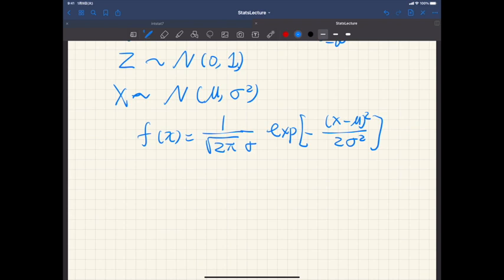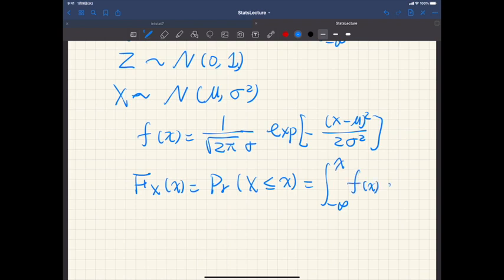And its cumulative distribution function, F of x, is by definition the probability that this random variable takes a value less than or equal to x, which is the integral of the density function.